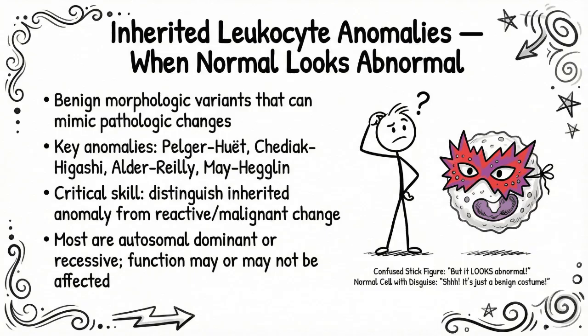Each one has a distinctive morphologic signature, and each one can be confused with something else: a left shift, toxic granulation, or dual bodies. Your job is to know the differences. Most of these are inherited, so they're not going away. Let's go through them one by one, starting with the most common imposter.